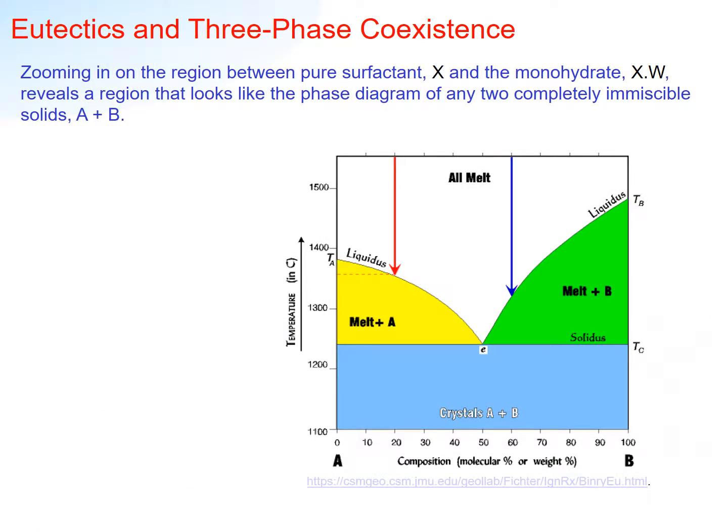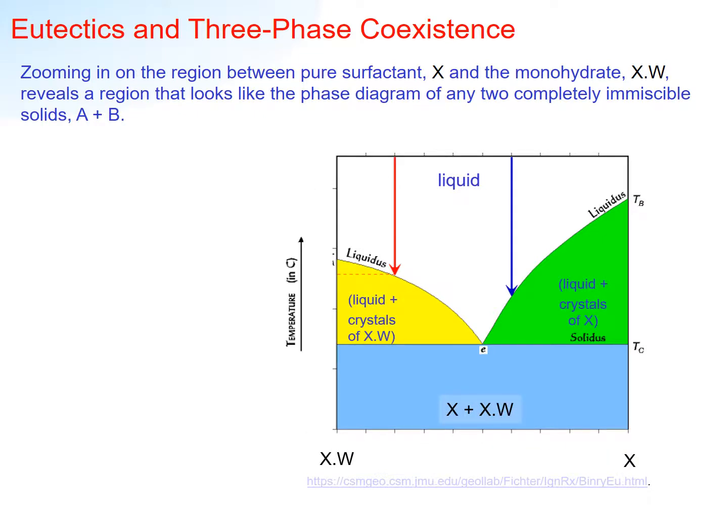So here is a very generic diagram of two components, A and B, that mix in the liquid phase, called the melt in this diagram, but do not mix at all in their crystalline phase, so they form A plus B crystals. Let's map that onto our hydrates, so that instead of melt, we'll just call it liquid.